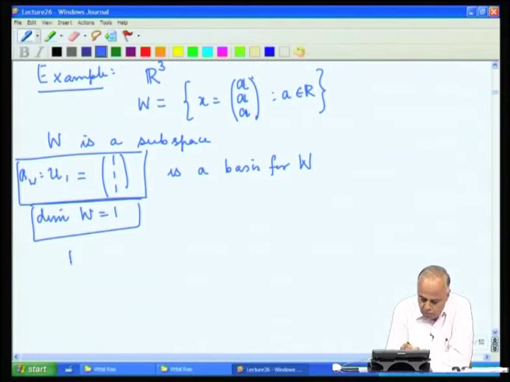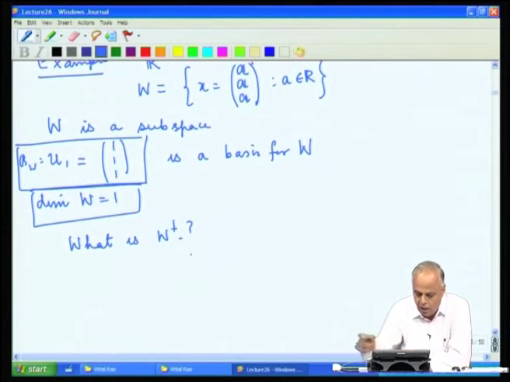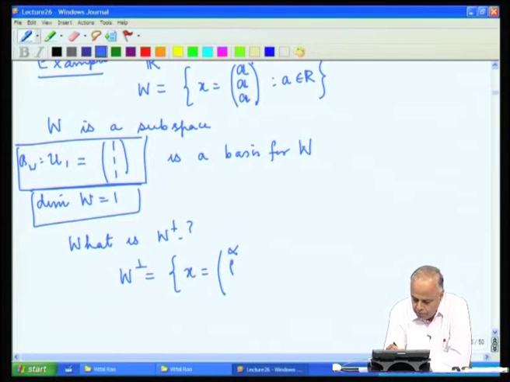Now, what is W perp? We have already seen this in the previous lecture, and W perp turns out to be the set of all vectors of the form (alpha, beta, minus alpha minus beta), where alpha and beta are real numbers.